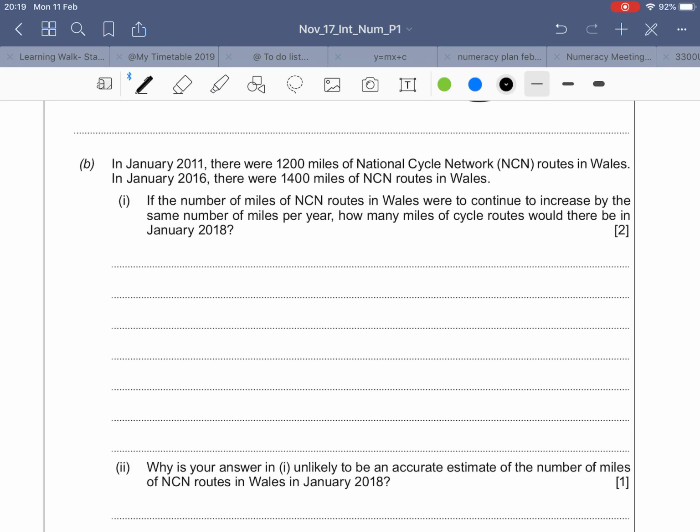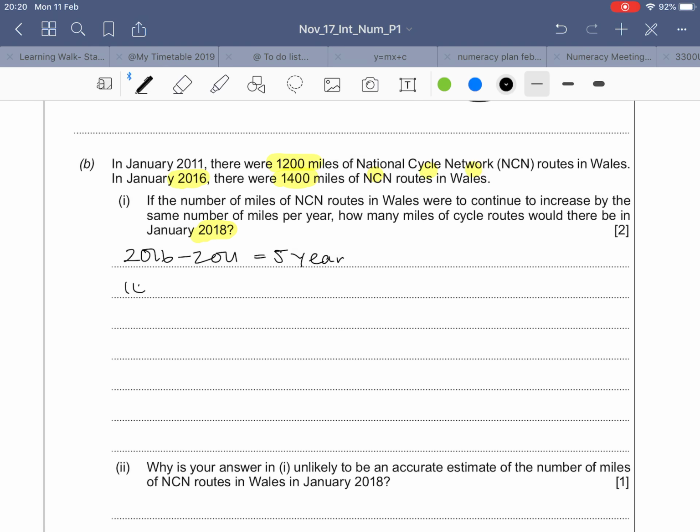In 2011, there was 1,200 miles of cycle track, National Cycle Network, and in 2016, there was 1,400 miles of cycle track. If the number of miles of the routes in Wales were to continue to increase by the same number of miles per year, how many miles of cycle route would there be in 2018, 2 years after the last time they measured? Well, from 2011 to 2016 is a 5-year gap.